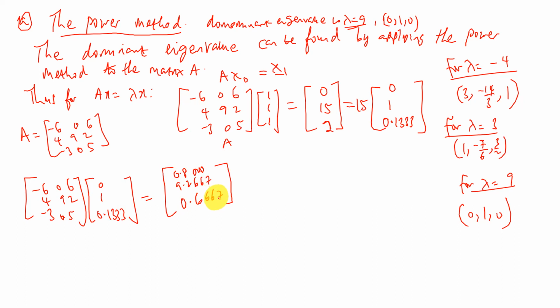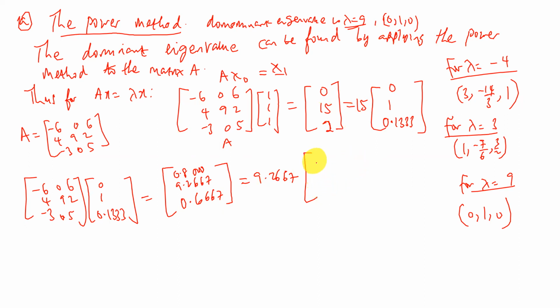Now, in view of the fact that this one is the 0, 1, 0, so we desire a 1 here. So if you desire 1 in the middle, we're going to pull out the 9.2667. Okay, so you divide every entry by the 9.2667 because it's 0, 1, 0, the associated eigenvector.